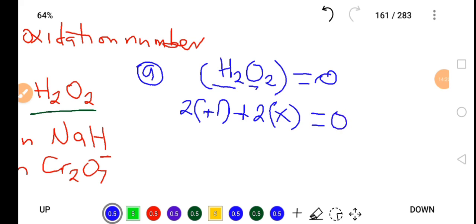So 2 is the number we are going to get when we multiply 2 times 1, then plus 2x equals 0.